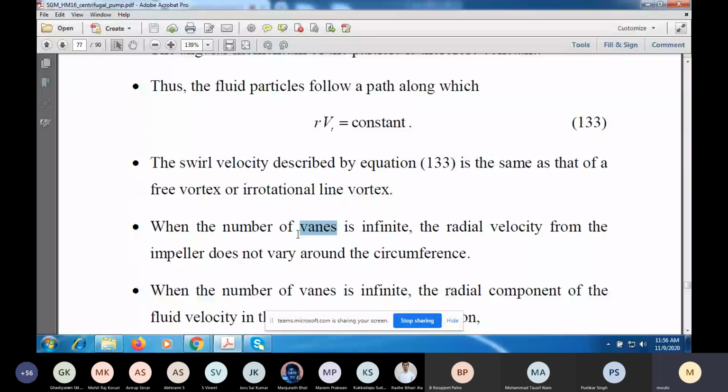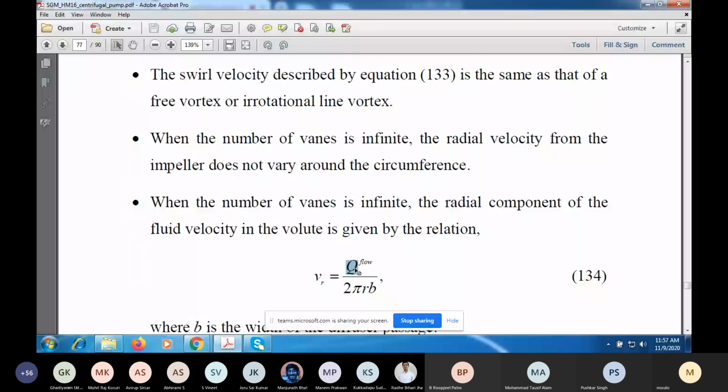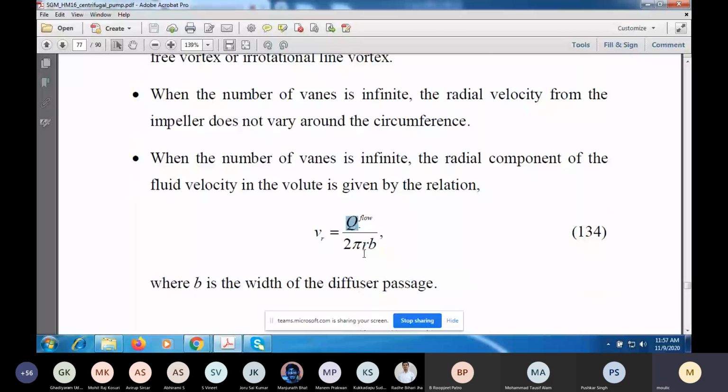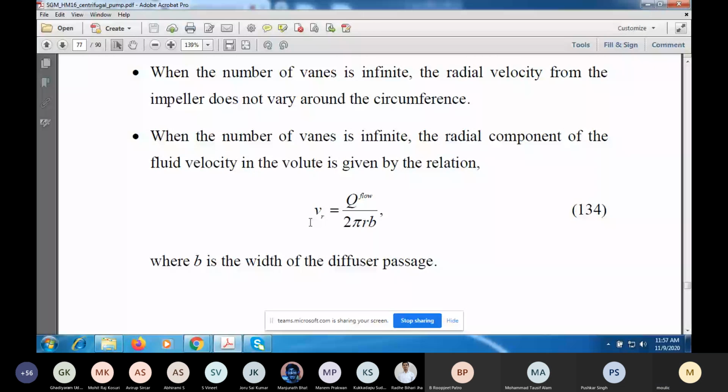Now, the theory that we have considered is one-dimensional, so we are, in effect, although we may not state it, assuming that the number of blades is infinite and the gap between adjacent blades is infinitesimally small. So in that case, the radial velocity coming out of the impeller is independent of the angle theta, and it is simply given by Q flow by 2 pi r times B. Now, this is a kind of source flow.